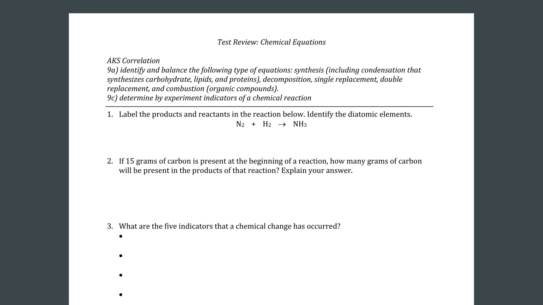It'll be word form, you write the skeleton, balance it, name the type. It'll be word form reactants, write the reactants, predict the products, balance it, name it. And then finally it'll be skeleton reactants, predict the products in formula form, balance it, name the type.